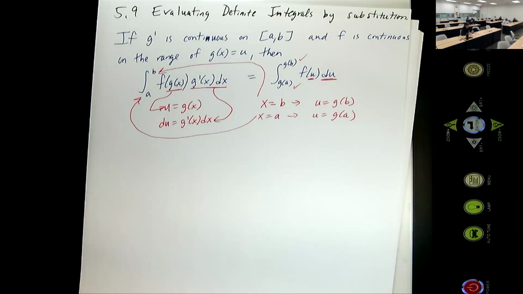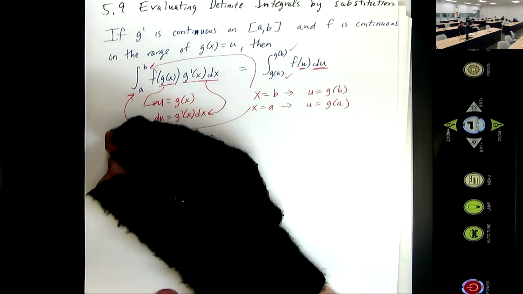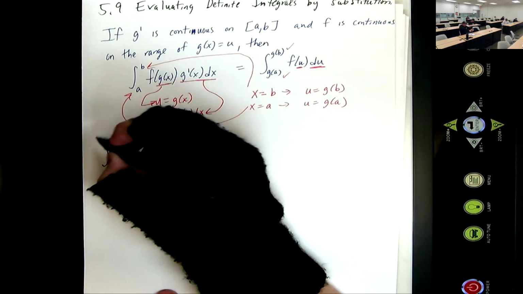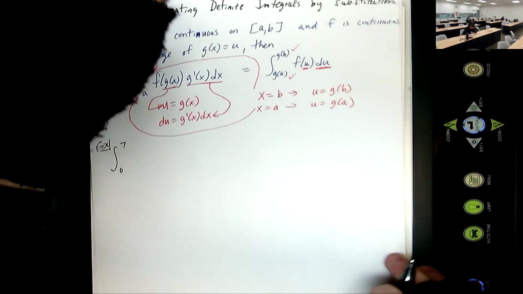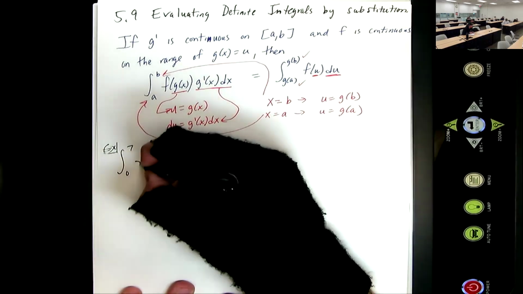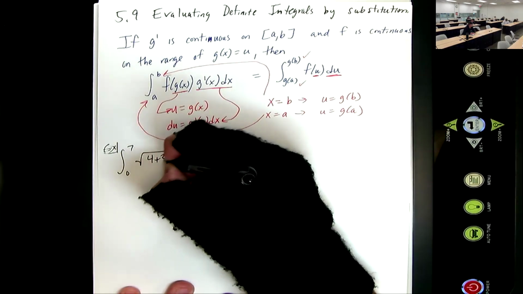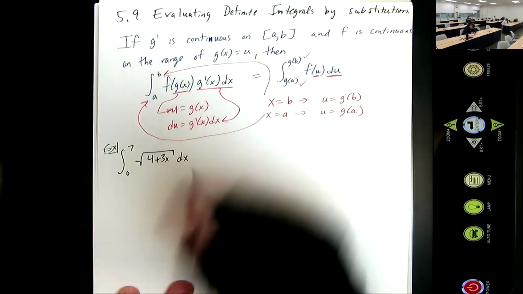Let's look at a couple examples here. We'll do the integral from 0 to 7 of the square root of 4 plus 3x dx.